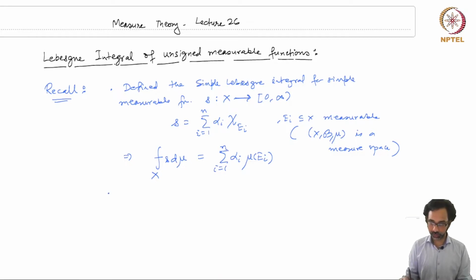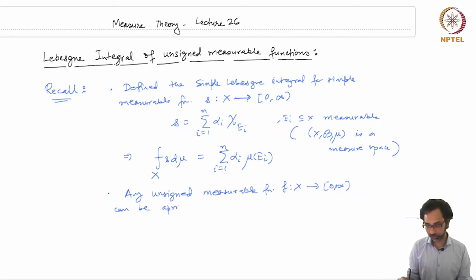Now, we also have that any unsigned measurable function f from X to [0, infinity], with plus infinity included, can be approximated from below by an increasing sequence of non-negative simple functions.